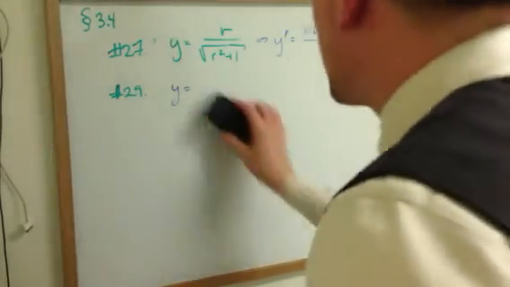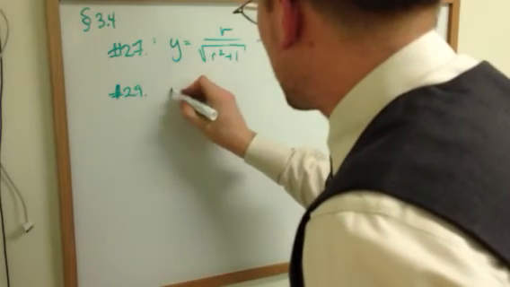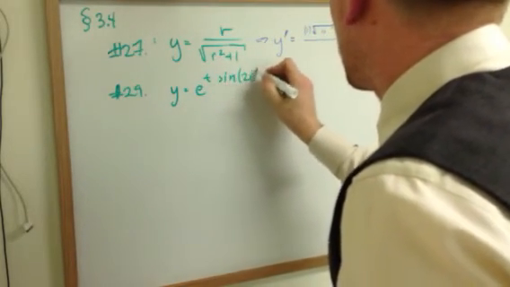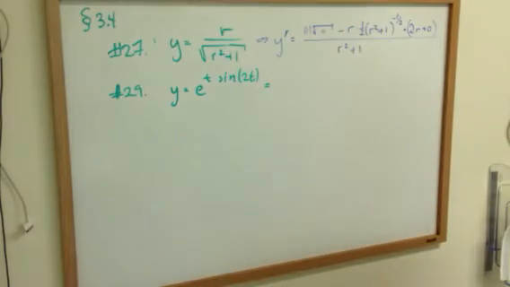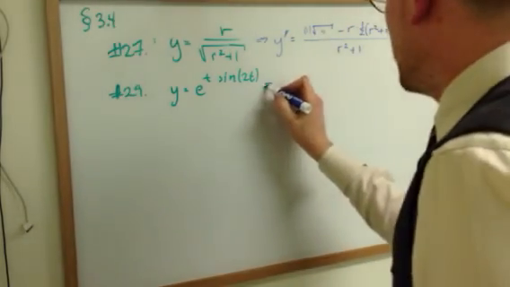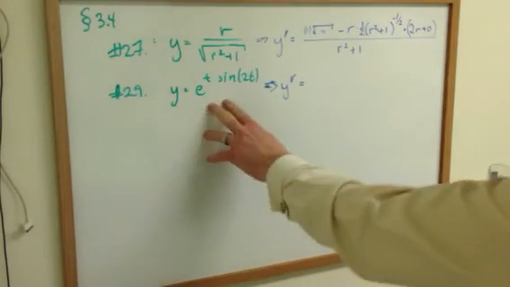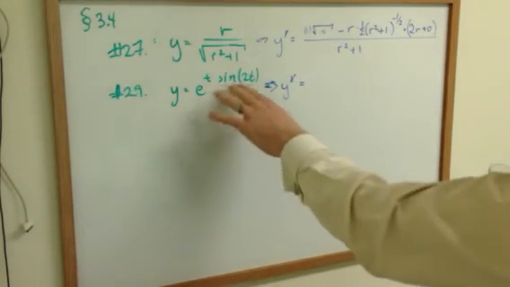e to the t sine 2t. The derivative of this function. Well, what do I see? I see an exponential first.